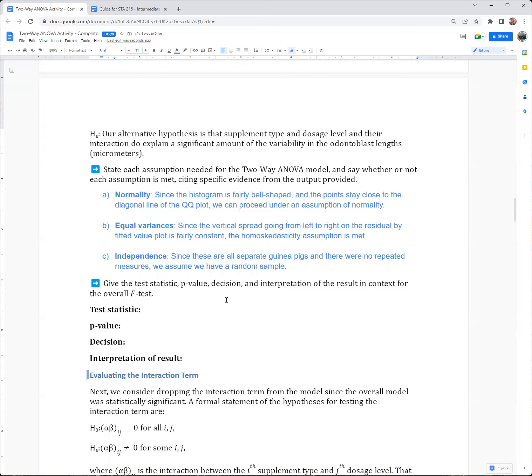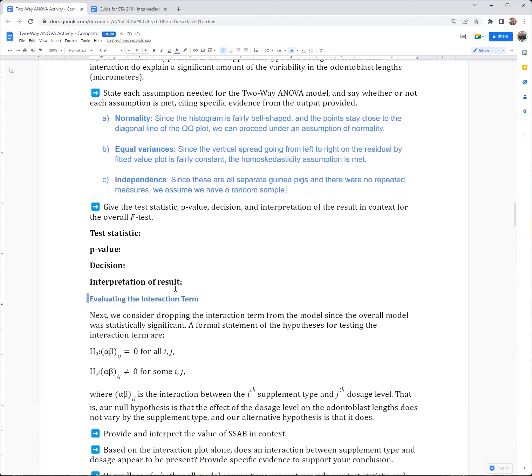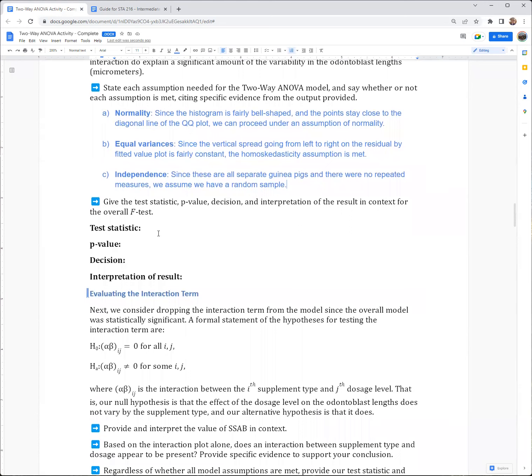Ideally, these guinea pigs would have been randomly selected from the population of all guinea pigs. Not really feasible in real life, but you try your best. It makes a difference how much this assumption is met, right? Like the fact that we don't have repeated measures is good. We can rely on our results more. There's special types of ANOVA models for repeated measures, but we won't cover those here.